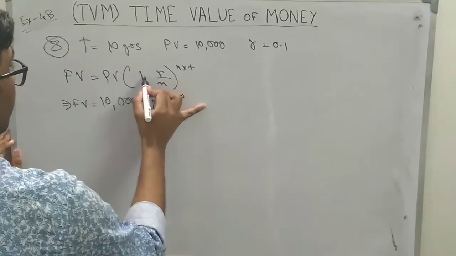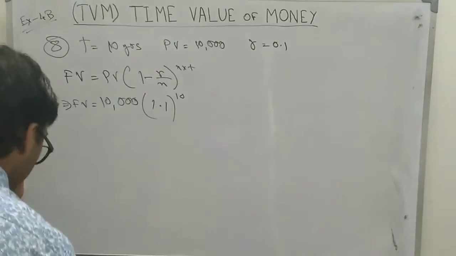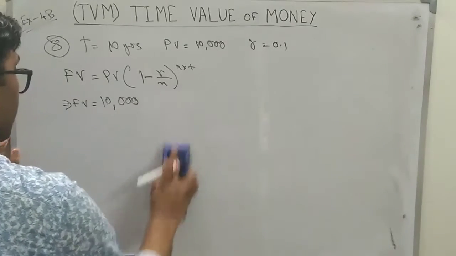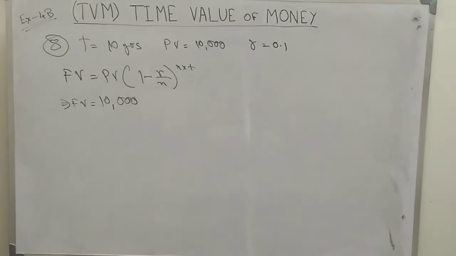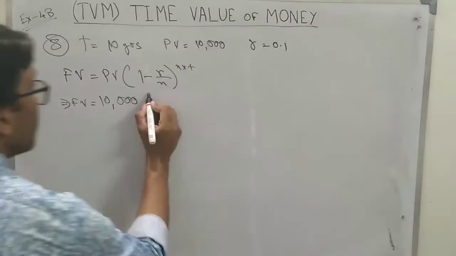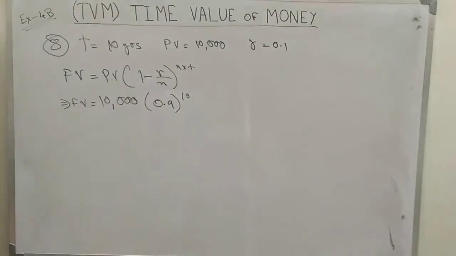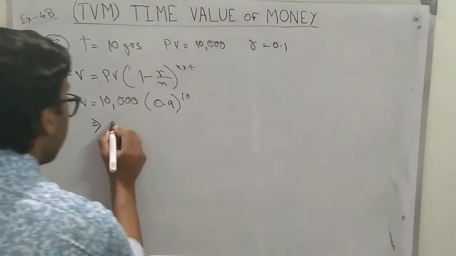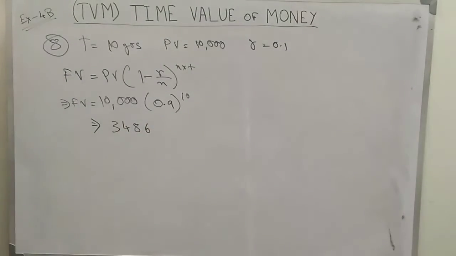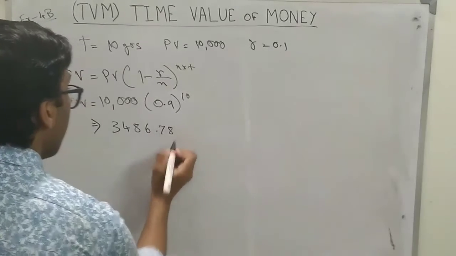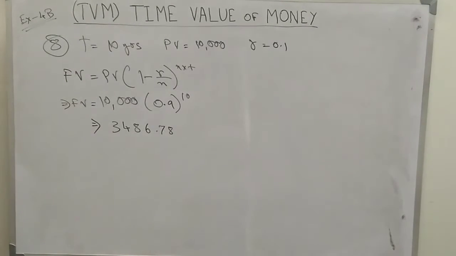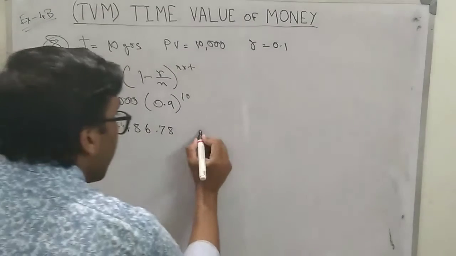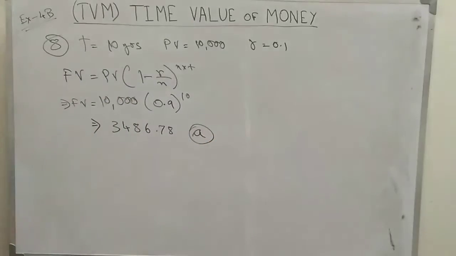That means the formula will be 1 minus 0.1, which is 0.9 to the power 10. That is 3486.78. That means after 10 years the scrap value which has been asked is 3486.78, which is option number A.